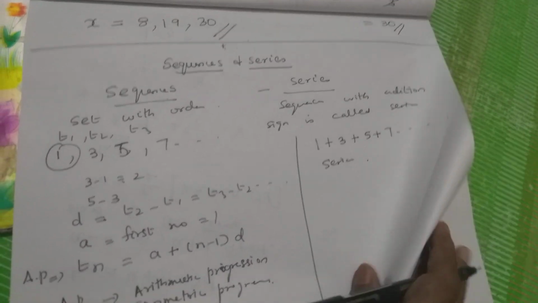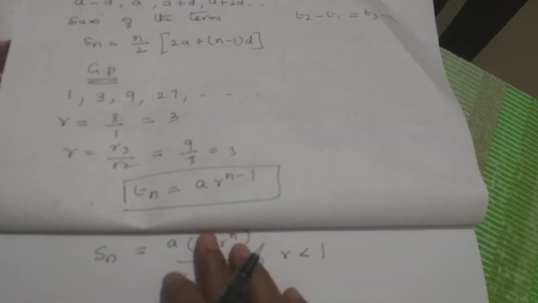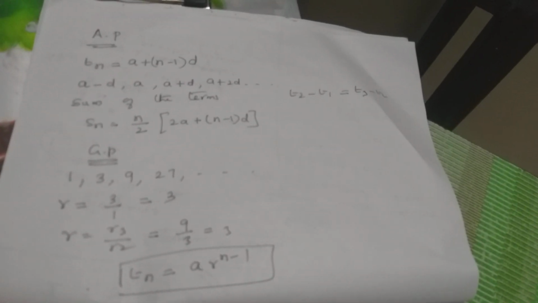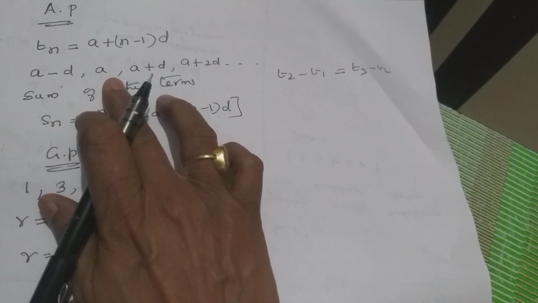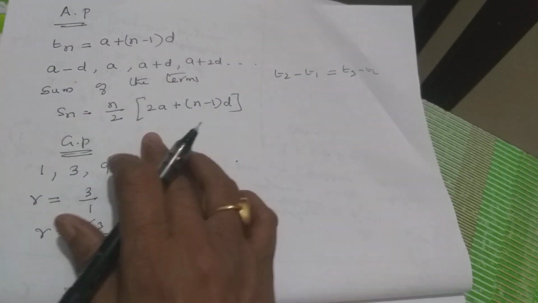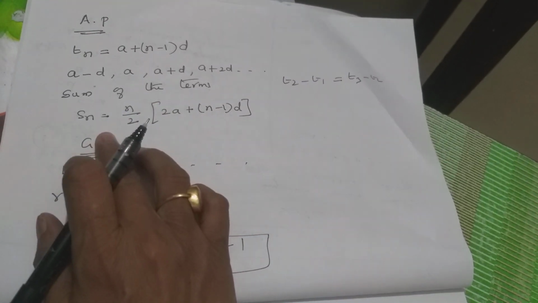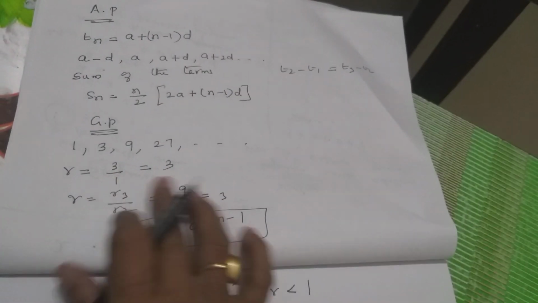And we are going to AP. In AP, the formula is Tn equal to A plus n minus 1 d, where the AP form is A minus d, A plus d, A plus 2d. The sum of the terms in AP is n by 2, 2a plus n minus 1 into d.